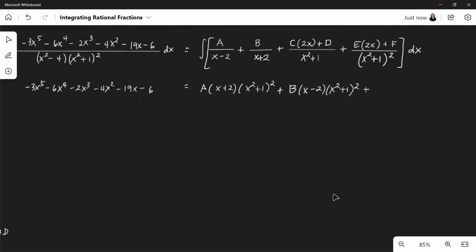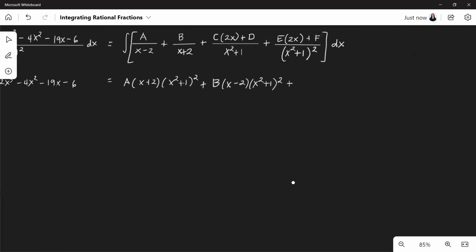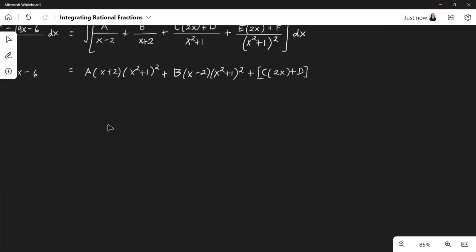Okay, plus the third term, C times 2x plus D. You multiply it with x squared minus 4. So do not factor this out into x minus 2 and x plus 2, because we'll combine all the factors.